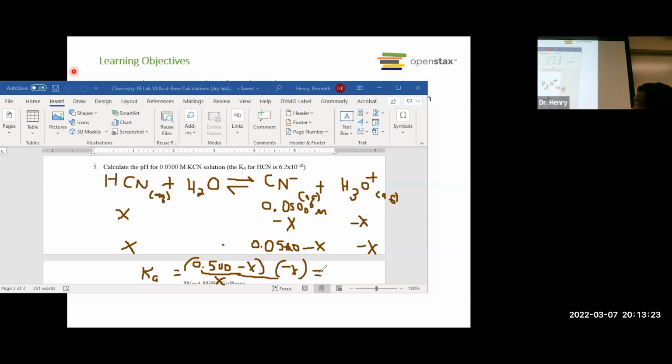And that's going to equal 6.2 times 10 to the minus 10.